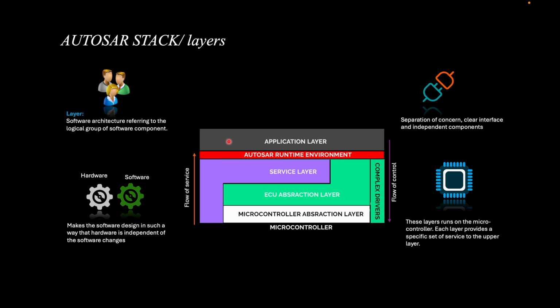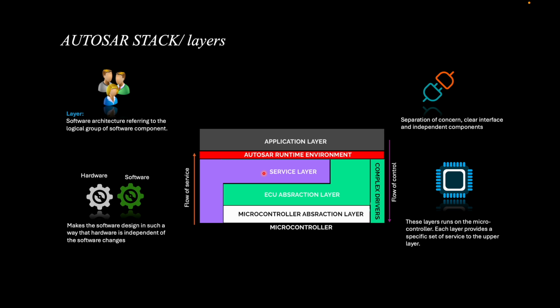And coming to the layers, what are these layers basically? If you see the actual software, these are not separated like boundaries. A layer means a software architecture referring to a logical group of software components.